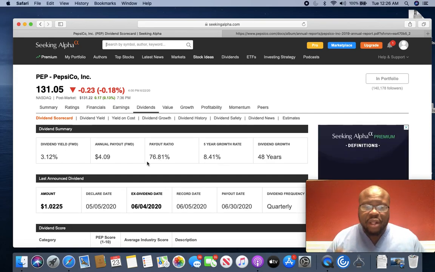Very important metric. The payout ratio is basically, the company earns earnings, right? That's the profit they make. And we don't want them to pay out 100% of the earnings in dividends. Why? Because there'd be nothing left over in case the cost of goods and services goes up, there is competition, raw materials go up, or anything, right?